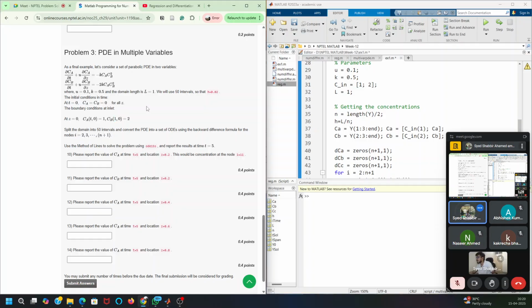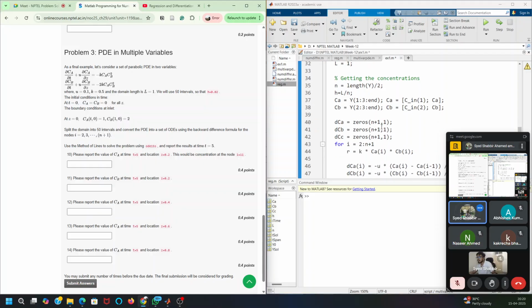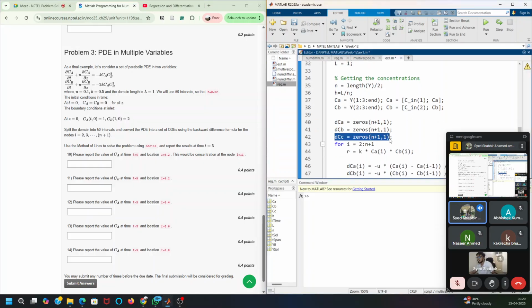Okay, this is one, this is two, and what is there apart from this? This should not be there.